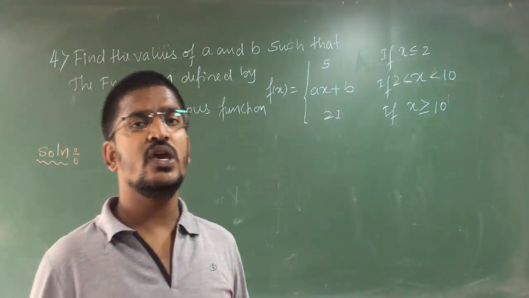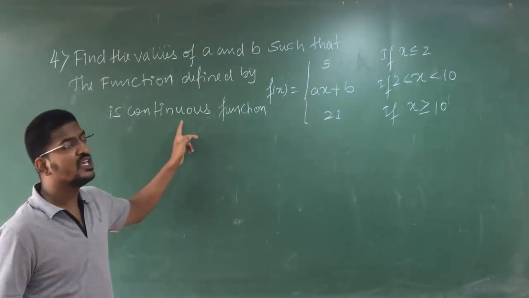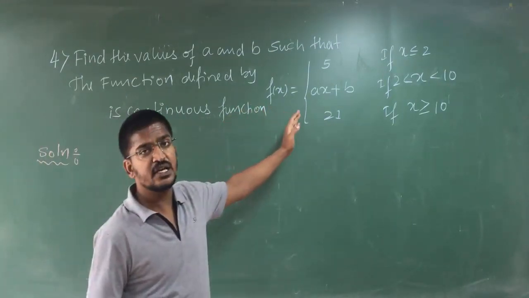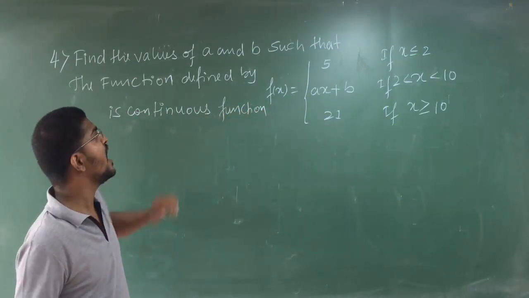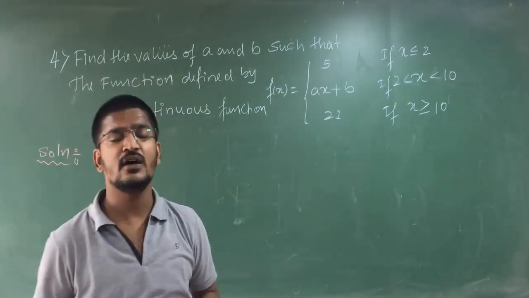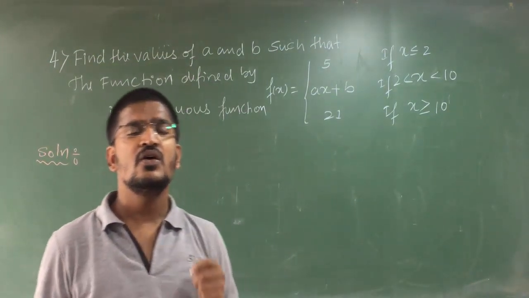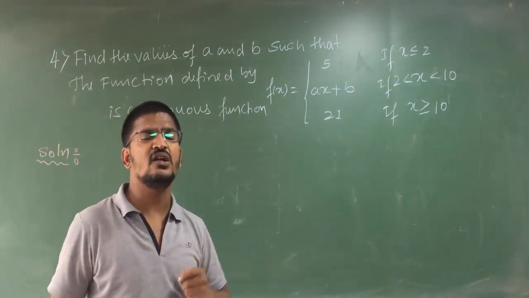Clear? Here the function is given as continuous, and they are asking to find the values of a and b. That means they are asking the values of a and b whenever the given function is continuous.